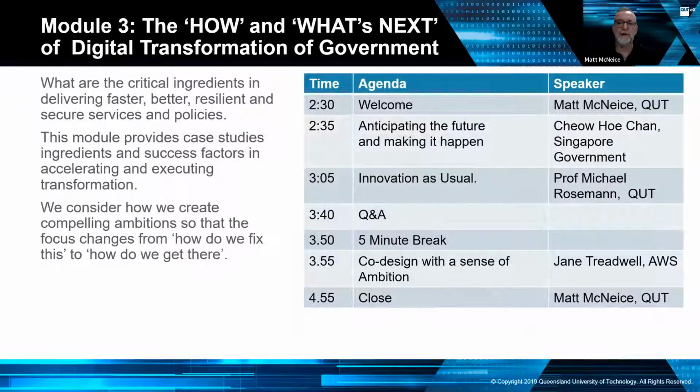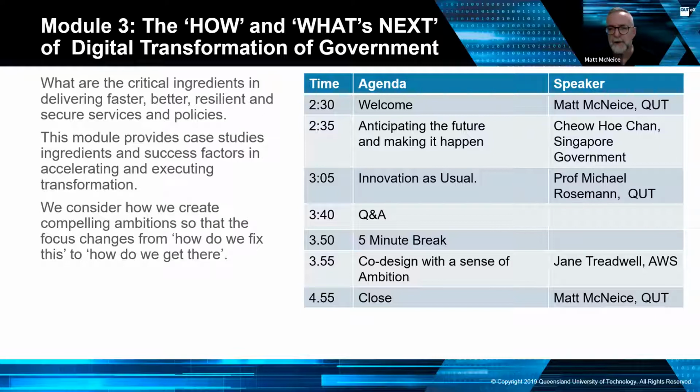So in a second, Chow Ho from Singapore government, I'll introduce him shortly, will spend some time with us on the topic of anticipating the future and making it happen. And that's in support of our agenda today. So we're looking to discuss the critical ingredients to deliver better, faster, resilient services and policies. And we'll be looking at case studies nationally and internationally that highlight the ingredients and the success factors to both accelerate and execute on transformation.